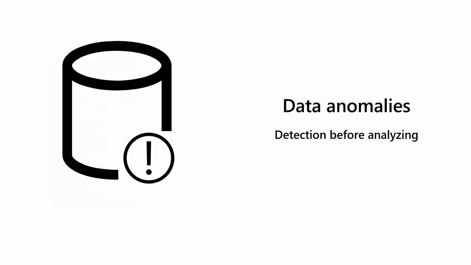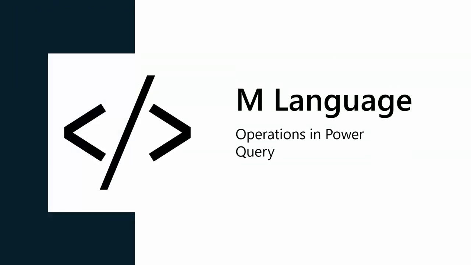Week 3 began with loading data and staging area concepts. You applied an end-to-end ETL operation, then learned about data profiling, which is very important for understanding data quality and distribution. This helps you detect a potential anomaly in a data set before you start to analyze it. You then explored how to use M language in Advanced Editor to apply detailed operations in Power Query.